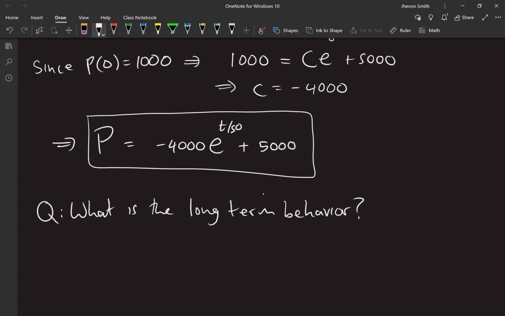Notice that here the exponential keeps getting bigger and it's multiplied by a negative number, which means that eventually this is going to go off to negative infinity. Of course, you cannot have a population hitting negative infinity, but eventually it's going to hit negative 5,000, right? When t equals 0, it's not currently negative 5,000, but eventually t is going to hit a value where this exceeds negative 5,000. And at that point, you will not have a population.